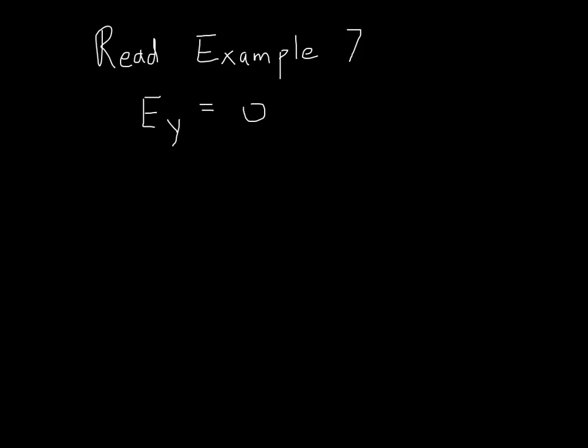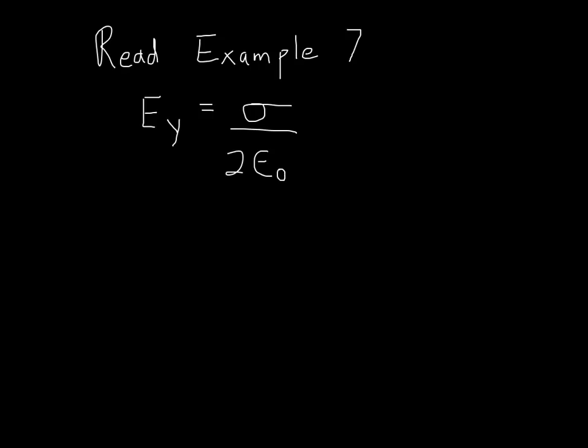And I suggest, to get further practice with these kinds of problems, read and study example 7. Try to work it out on your own. Try to figure out how the book solution works, how they got what they got, to find that the electric field from a plate is equal to sigma over 2 epsilon naught.